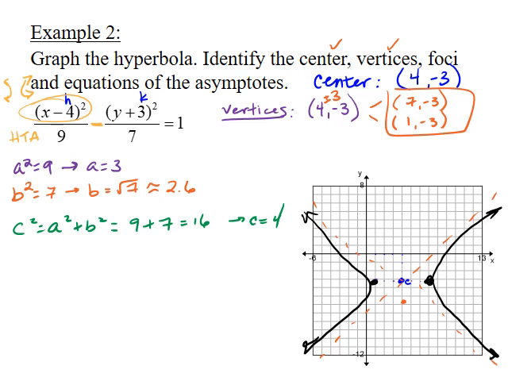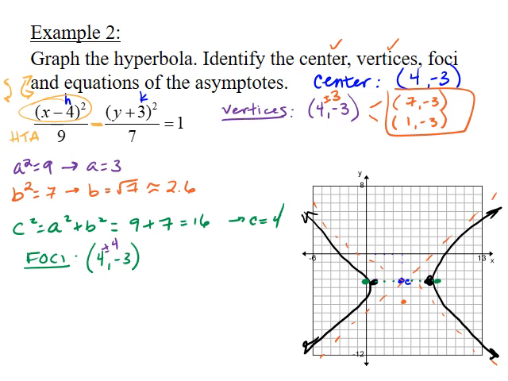So from my center, I'm going to go to the right 4 units, and I'm going to go to the left 4 units. So my foci from the center of 4, negative 3, moving right and left is the x value, and I'm going to move right and left 4 units.